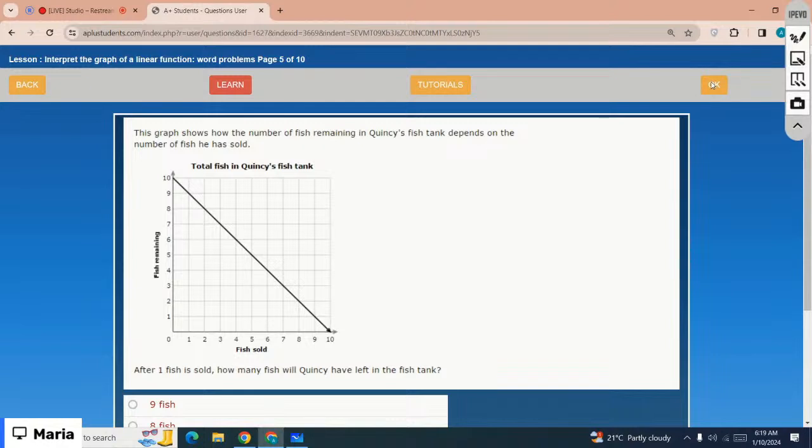One fish. If after one fish is sold, there are 9 fish in the tank, right? The correct option is 9 fish.